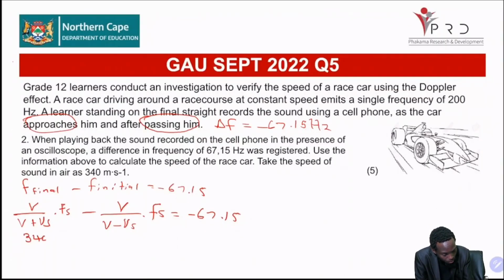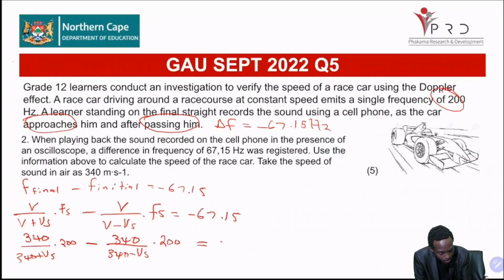So this is 340 divided by 340 plus Vs multiplied by 200, which is given here, minus 340 divided by 340 minus Vs multiplied by 200, and then this is going to be negative 67,50, right? Okay, so we are going to work that out.